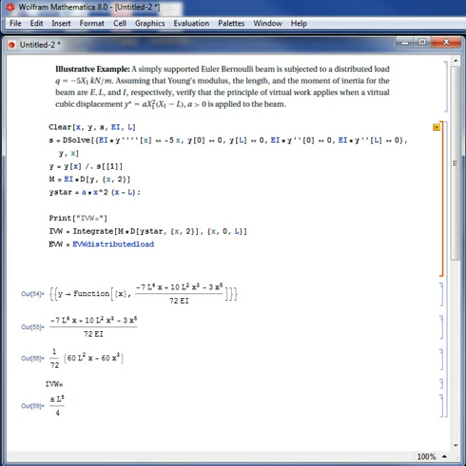But for this particular example, the external virtual work is only due to the distributed load. The distributed load is equal to -5 multiplied by x. Notice that I'm just using x as the variable instead of capital X1. So this is the load multiplied by the displacement y star. This is integrated when x goes from 0 to L.